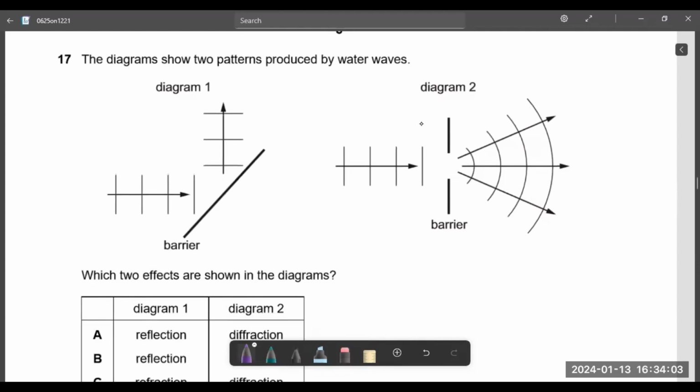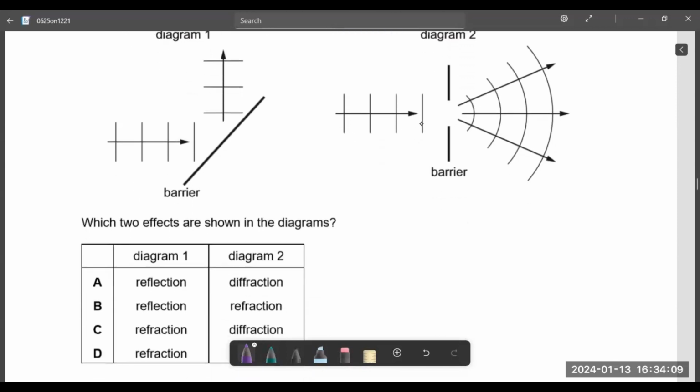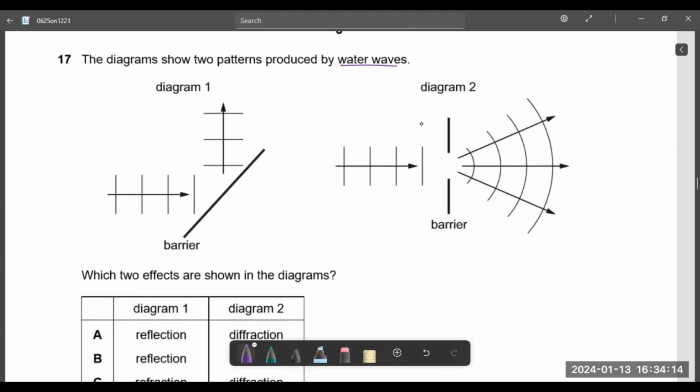The diagram shows two patterns produced by water waves. So which two effects are shown in the diagram? So in diagram 1, we can see reflection. It is getting reflected. And in case of water waves, if there is a small gap or a small opening in a barrier, the waves passing through that gap will spread out in a semicircular pattern behind the barrier.